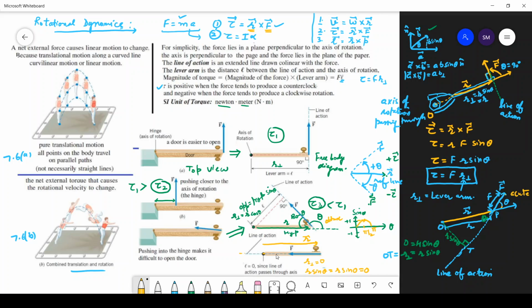This is the direction of r from the axis of rotation to the point where we are applying the force. So this is the r vector. Here the angle is not 0 degree, here the angle is 180 degree. Sine 180 is also 0.